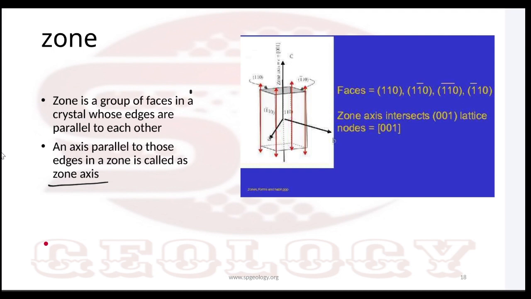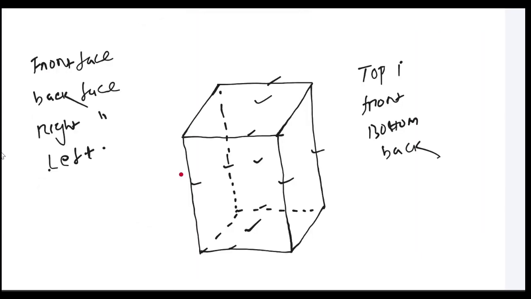A zone axis is an imaginary axis that passes through the center of the crystal and will be parallel to all the faces present in a zone. So here, if we consider this, you can say c-axis.